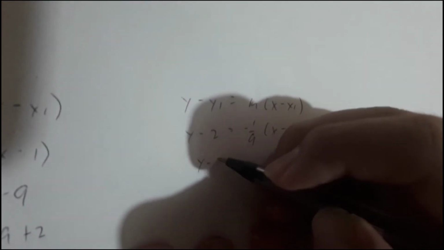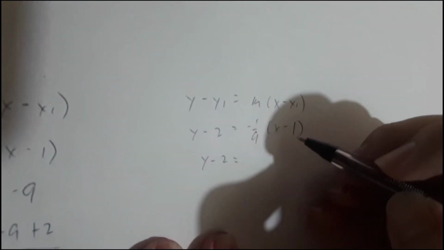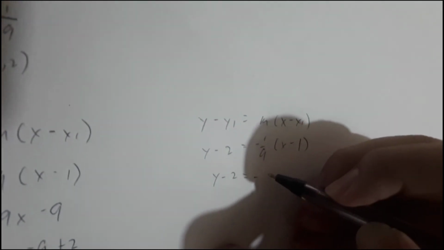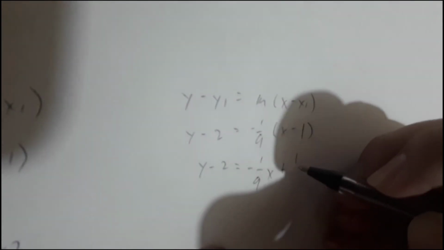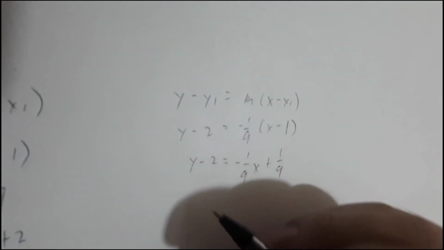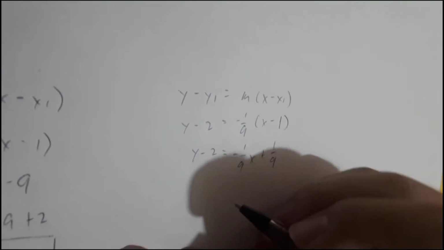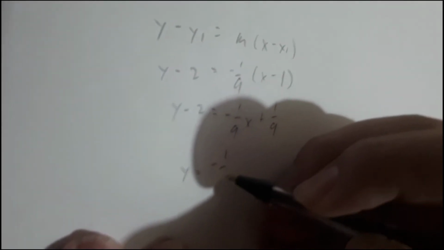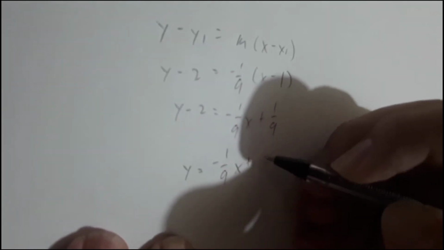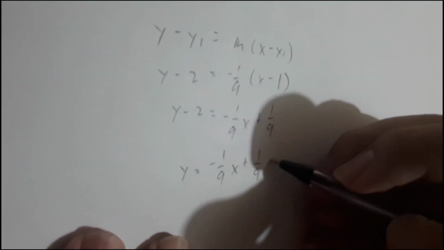Just distribute this, so it will become negative 1 over 9x plus 1 over 9. Next thing is to transpose the 2. So y equals negative 1 over 9x plus 1 over 9 plus 2.